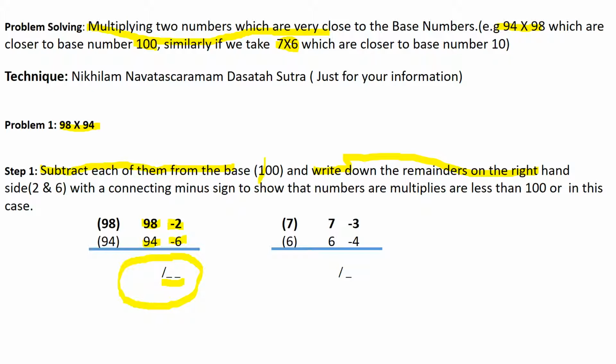If you look at the example 7 multiplied by 6, we have noted down minus 3 and minus 4, like 10 minus 3 is 7, 10 minus 4 is 6. In the solution part, the right hand side will have only one digit allowed, because for base number 10 we have only one zero.